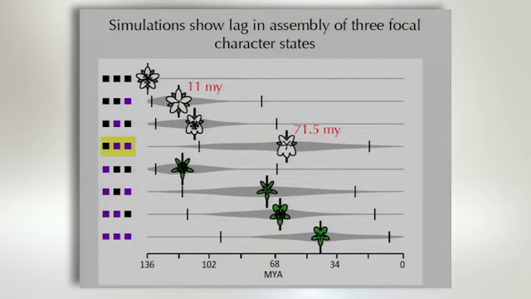What you can see here is that it takes about 11 million years for the first transition to occur anywhere, and it takes about 71.5 million years for the very first occurrence of our key combination of characters. So there's a very significant delay, and I would argue it's imposed by this really low transition rate, before we assemble the characters necessary to stimulate the kind of diversification that's going to drive character distributions in the angiosperms.